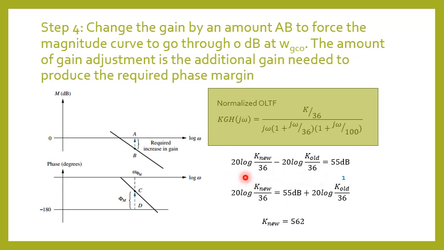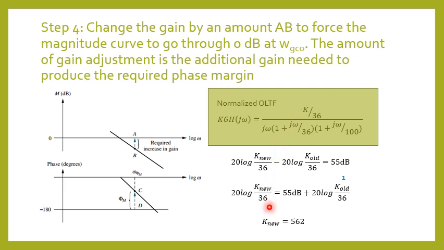So it is 20 log K new over 36 minus 20 log K old over 36 equals 55, the amount we raise the magnitude plot, and the K over 36 comes from the normalized gain that we perform if we want to sketch the Bode plot manually.